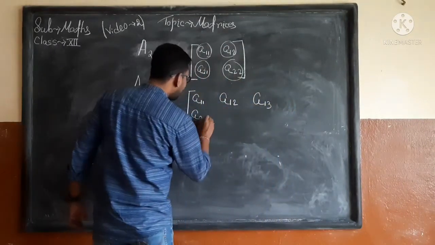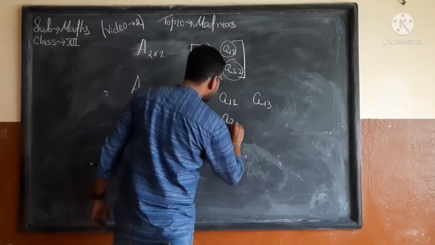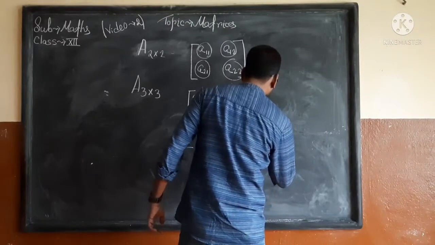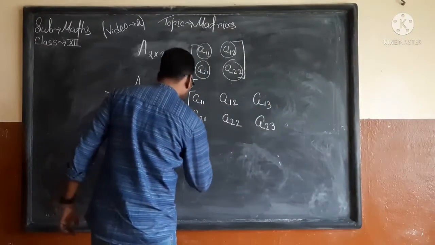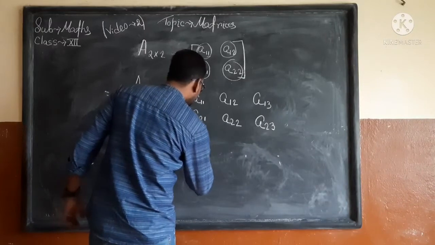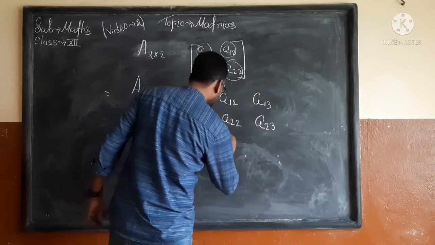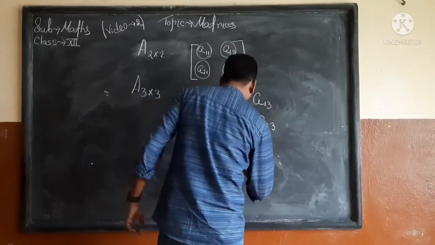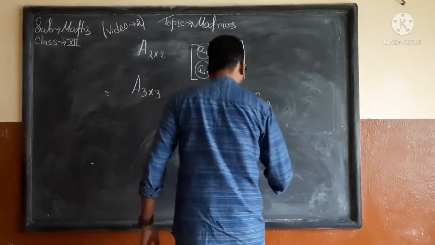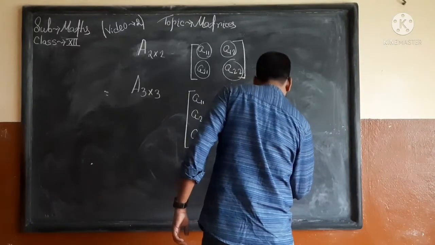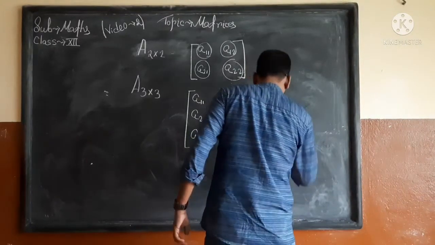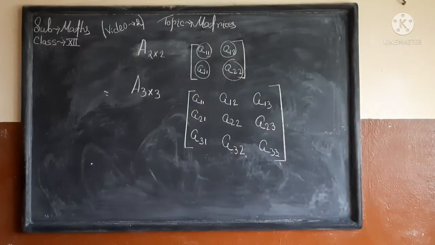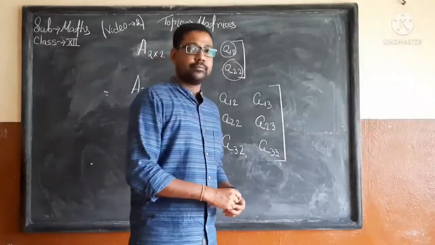Similarly, second row, first column, second row, second column, second row, third column, third row, first column, third row, second column, third row, third column. So this is the general representation of any 3 cross 3 matrix.